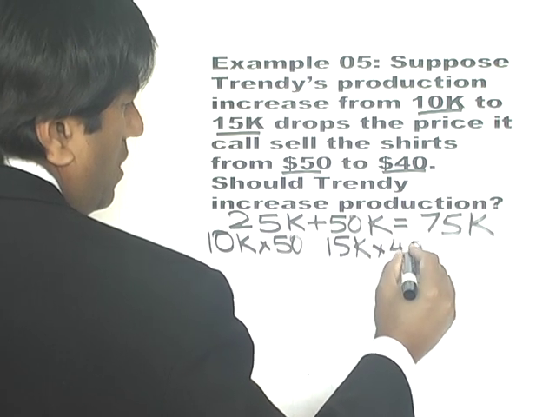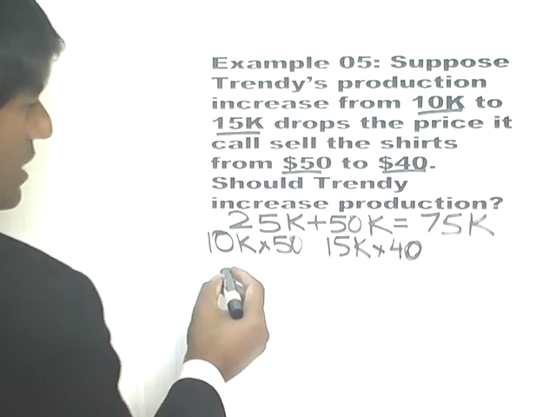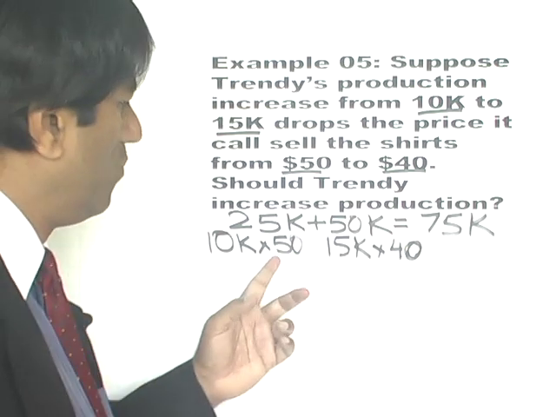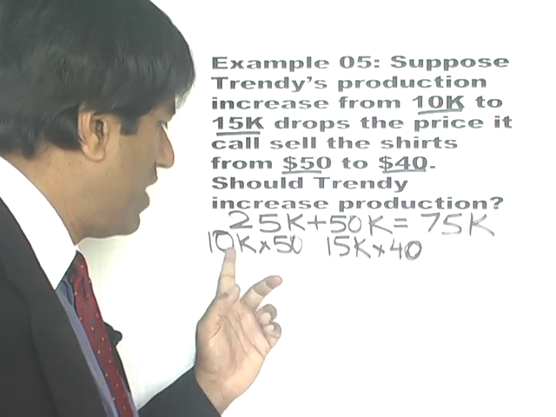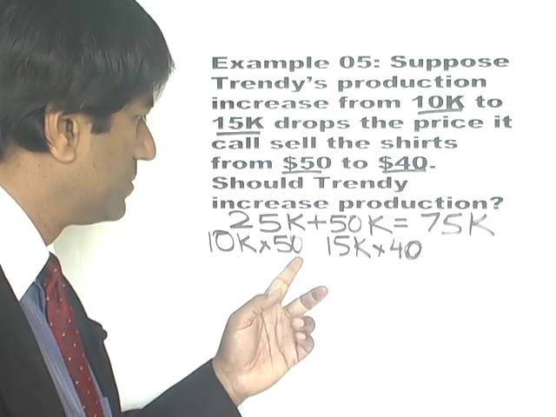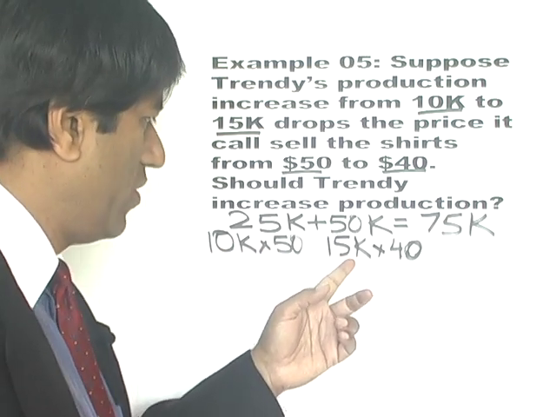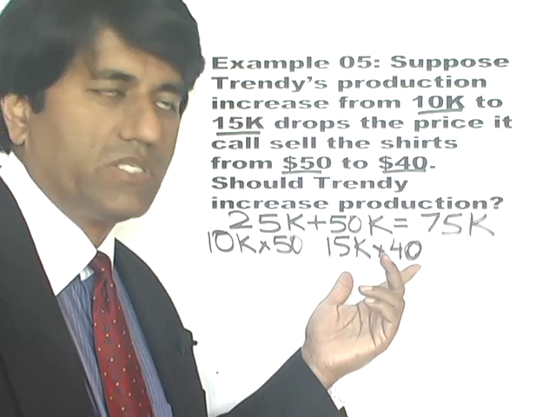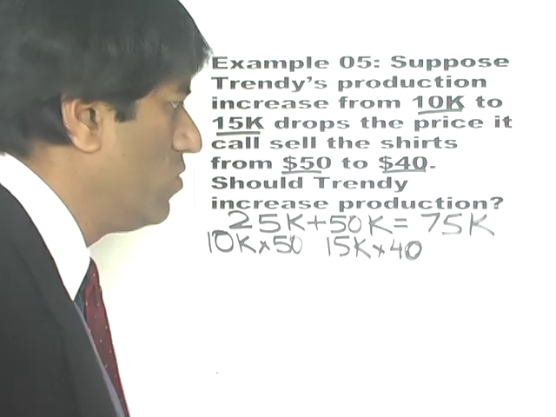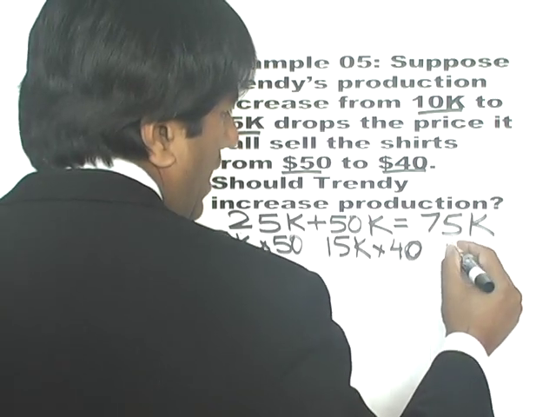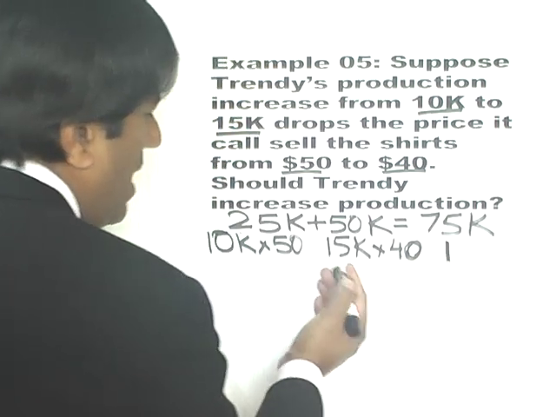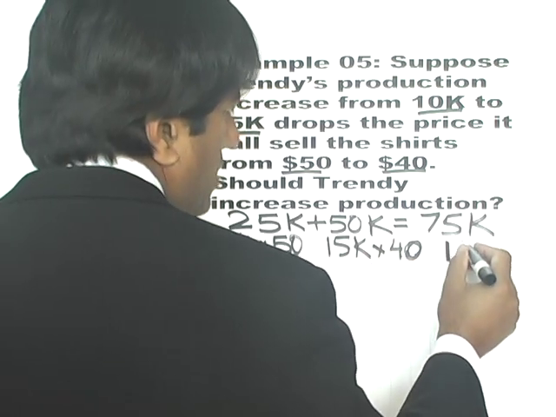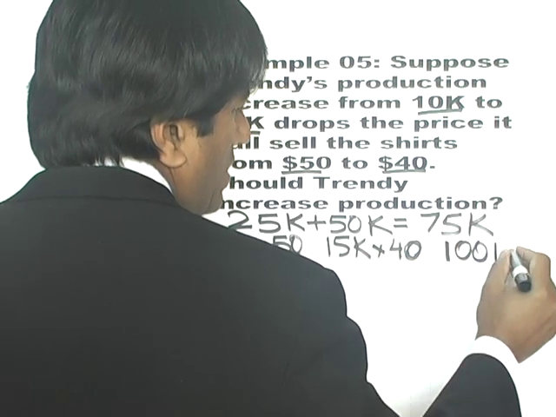So this was the previous revenue, which was 500,000. This is the new revenue, which is 15,000 into 40, so that's 600,000. So what is the increase in revenue? Well, the increase in revenue is 600,000 minus 500,000, which is 100,000.